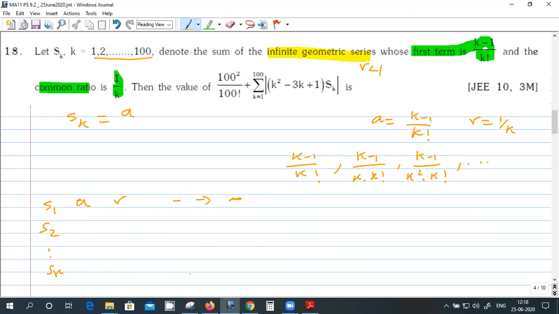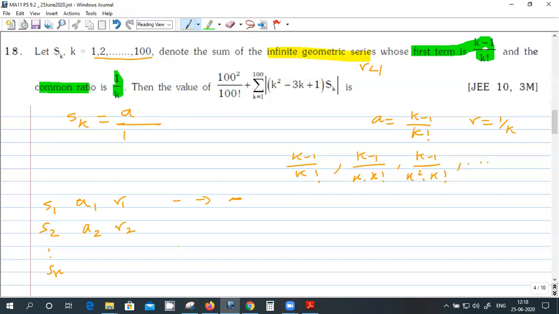So for any SK, the sum will be the corresponding A divided by 1 minus R, where the common ratio is 1 upon K. There are K different series, and each series will have one particular A and one particular R. I called it A1, R1, and there is a second series which has got a different A and a different common ratio.